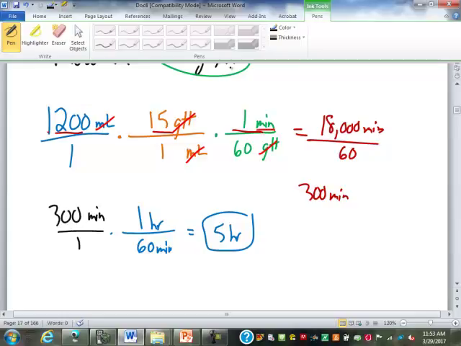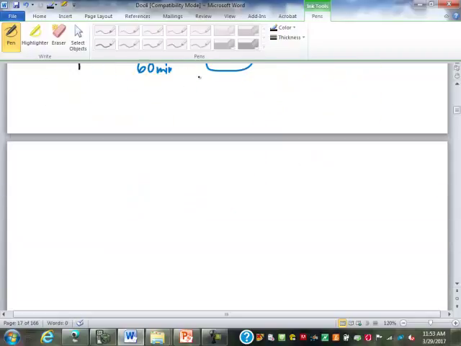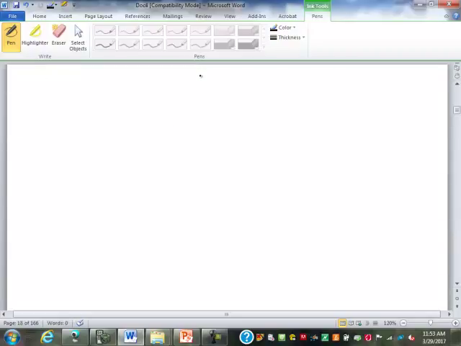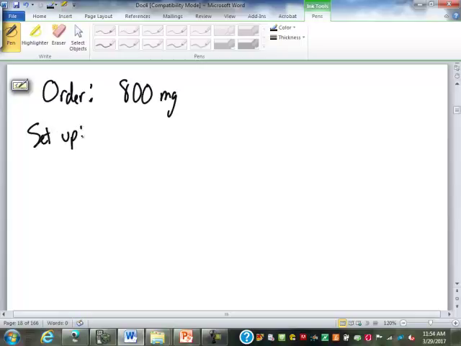Normally, we will be given milliliters. It is possible that you might be given an order to infuse, let's say, 800 milligrams of medication. And you look at the current setup, and it is infusing 40 drops per minute.